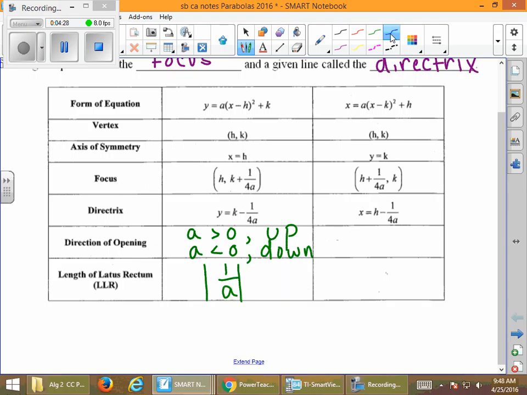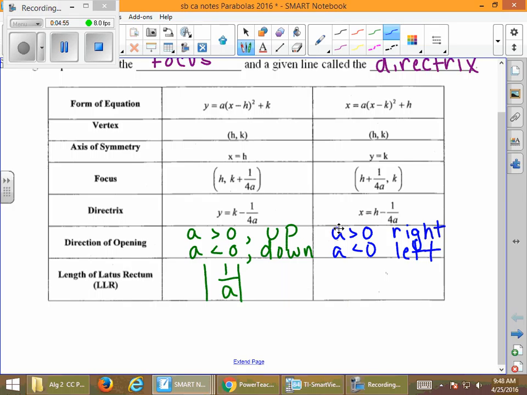But the contrast from the y equals type of parabola to the x equals type of parabola is that when a is greater than 0, our parabola opens right. And when a is less than 0, we open left. That's the big difference.